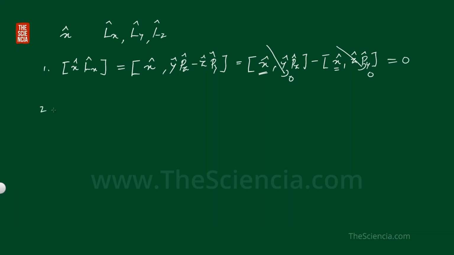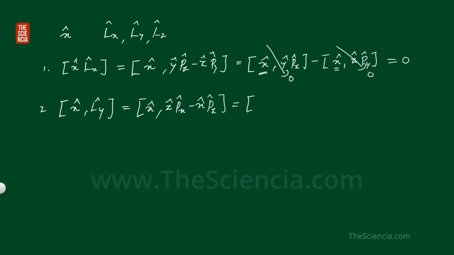Another combination, that is the commutator of x with Ly. That will be equal to [x, Ly], where Ly is z px minus x pz.